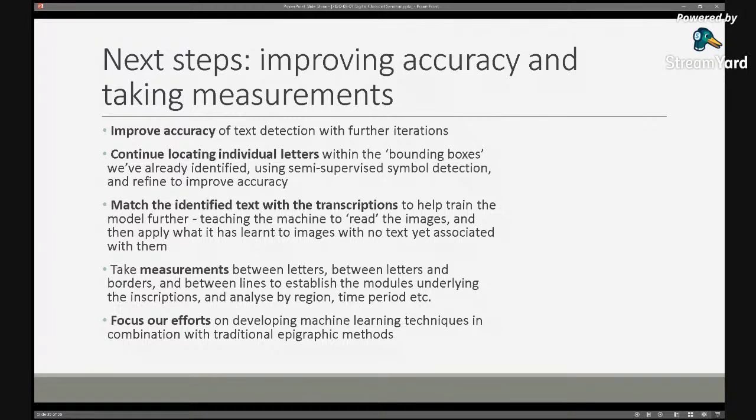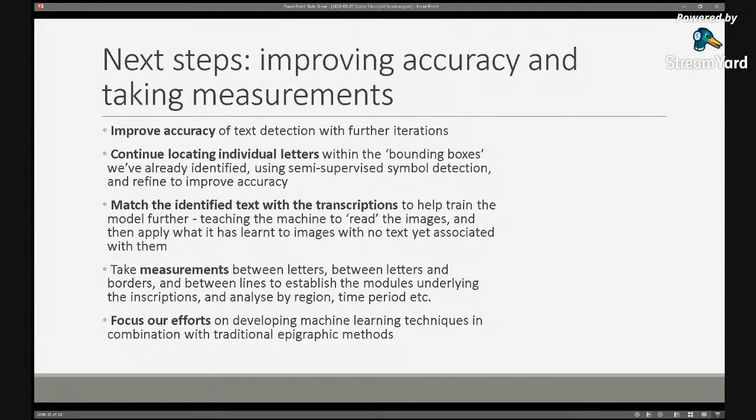Obviously, with images from any database, we're only going to be able to achieve a certain level of accuracy with machine learning, and we're then going to need to use what we've found and apply much more detailed measurement, ideally in person, of some of those inscriptions, to understand whether or not there were these underlying modules.